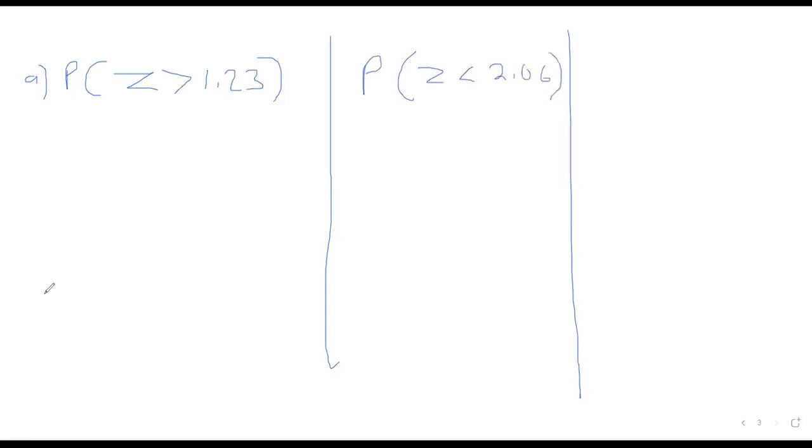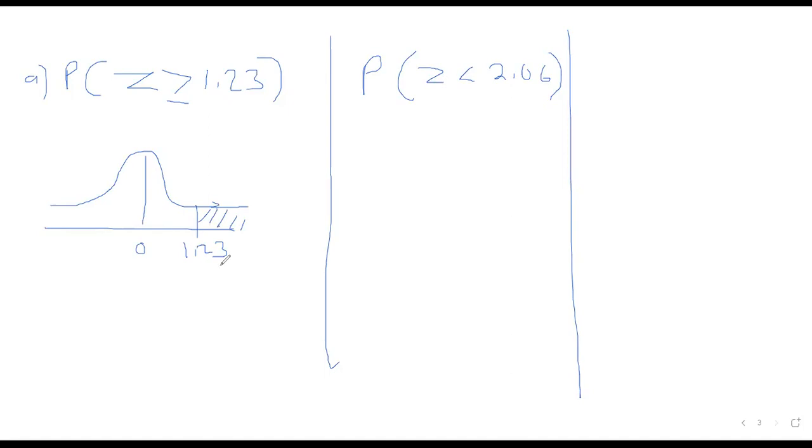Let's try step one, we illustrate. We go here, 1.23 is on the right side. The sign greater means we're shading on the right. We want to look for this shaded region.